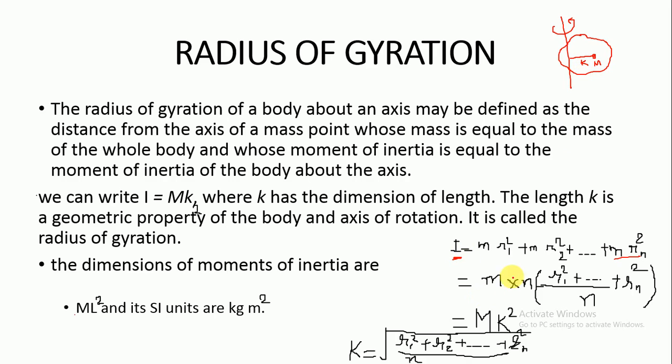So if you equate, I have divided and multiplied by n, and this would be equal to Mk square. This m into n is basically capital M. Equating both of these equations, k square is equal to r1 square plus r2 square till rn square divided by n. So this is the expression of the radius of gyration.